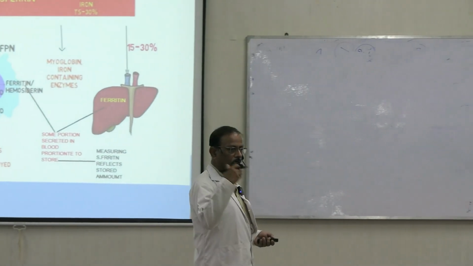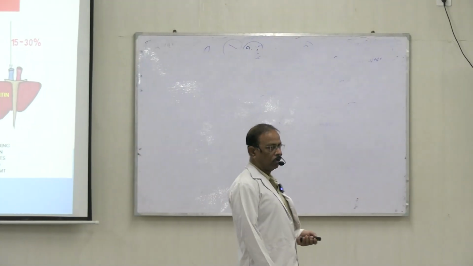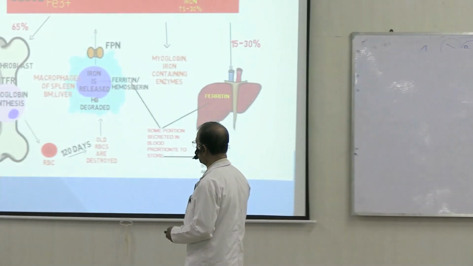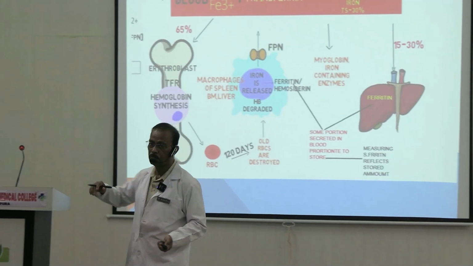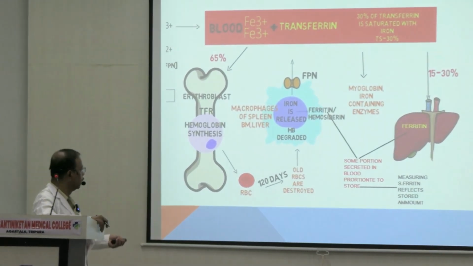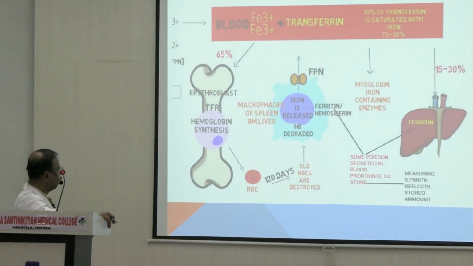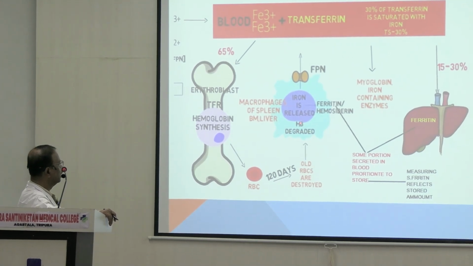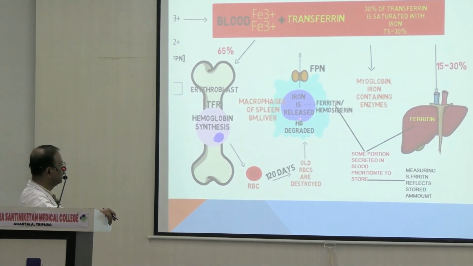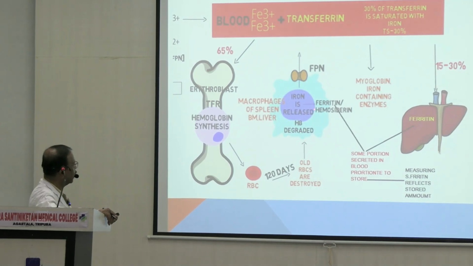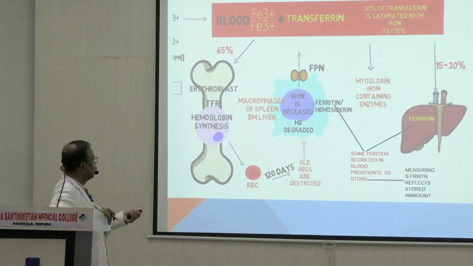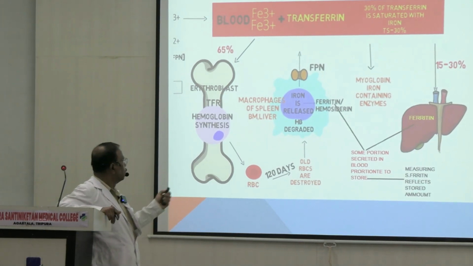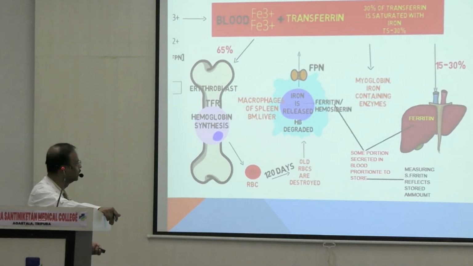After that, it will be destroyed. So RBC will contain heme. What it will do? After 120 days, all RBCs are destroyed and hemoglobin degraded, and iron is released and stored as ferritin and hemosiderin. It occurs in the macrophages of spleen, bone marrow, liver.